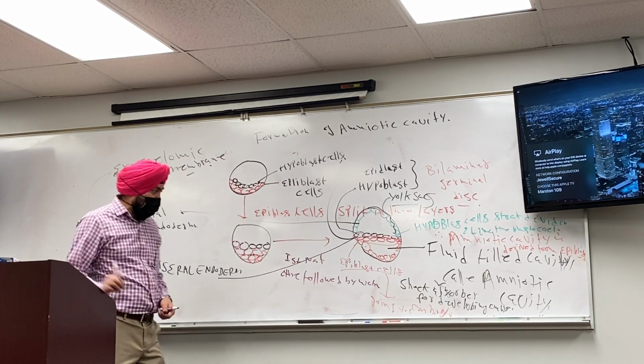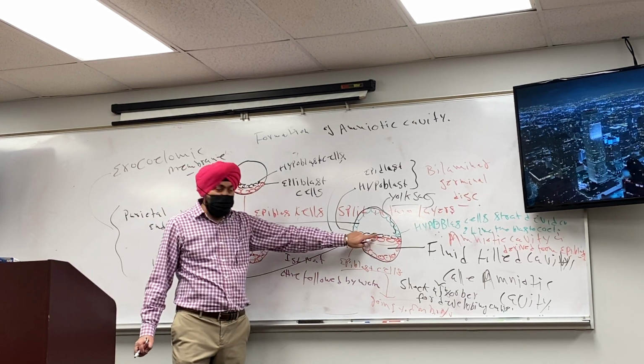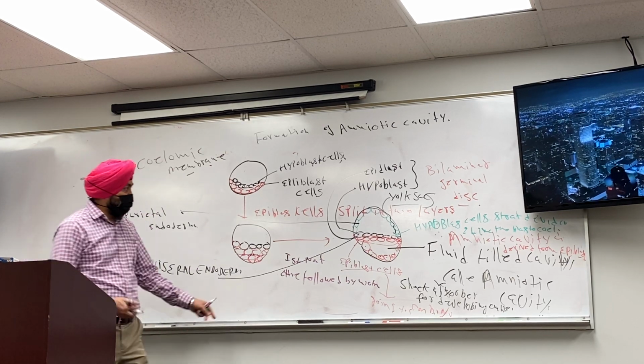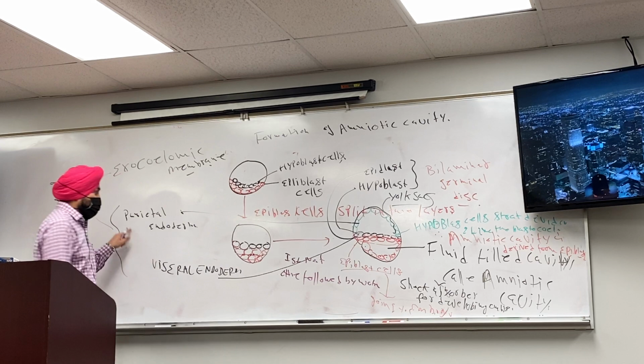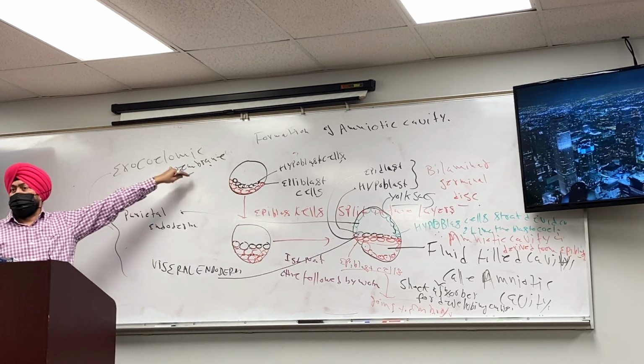Then these are no more hypoblast cells. The cells next to the epiblast cells are called visceral endoderm cells, and cells which are lining the blastocoel ceiling are called parietal endoderm cells, and both are called exocoelomic membrane.